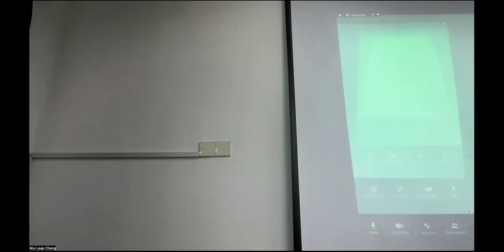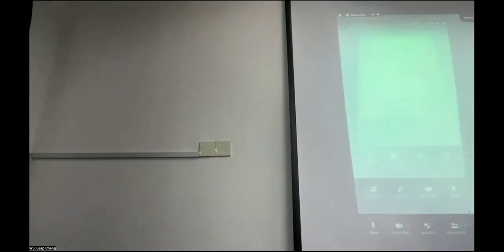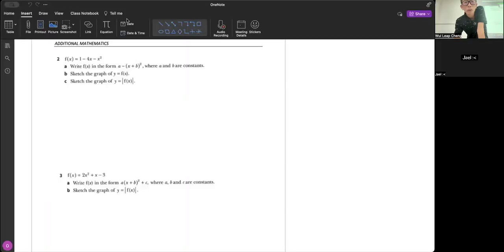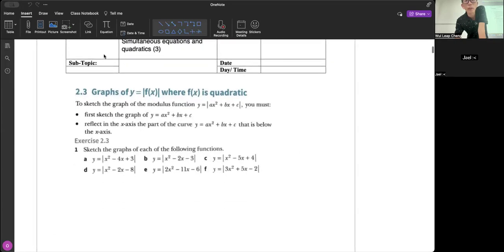Where do you want to sit? 你要坐哪里？你说。Okay, today we start with some graph again. Graph, okay.